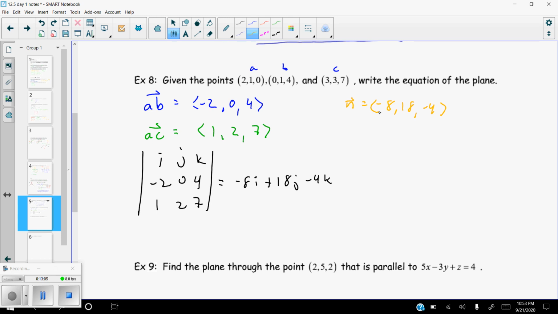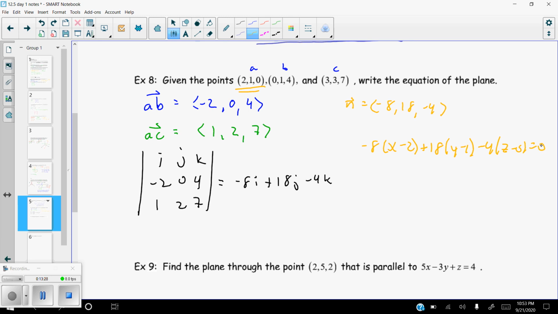So if I use point A, I'm going to get negative 8 times x minus 2 plus 18 times y minus 1 minus 4 times z minus 0 equals 0.